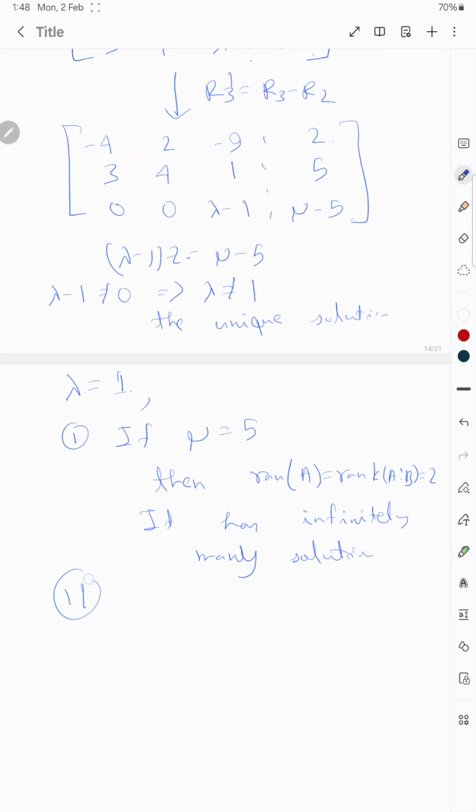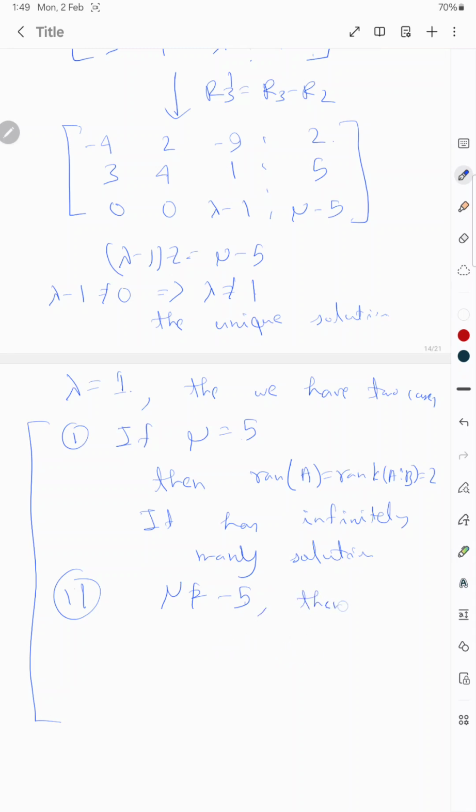And under this same case, we have two cases. If your mu is not equal to 5, you see this is like 0 equal to some non-zero value, right? So then you have no solution.